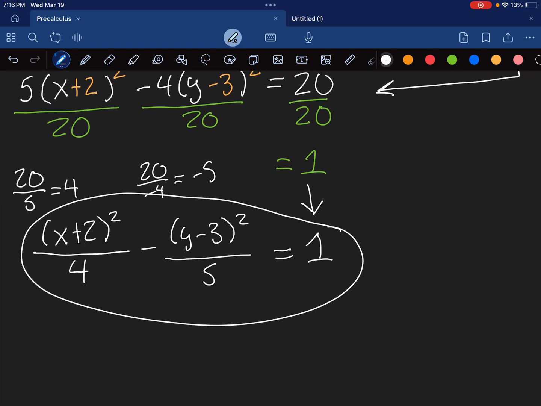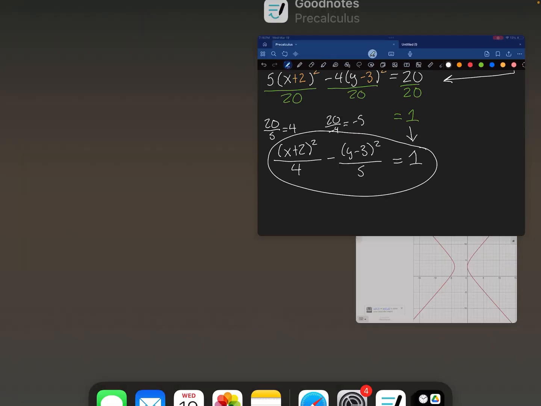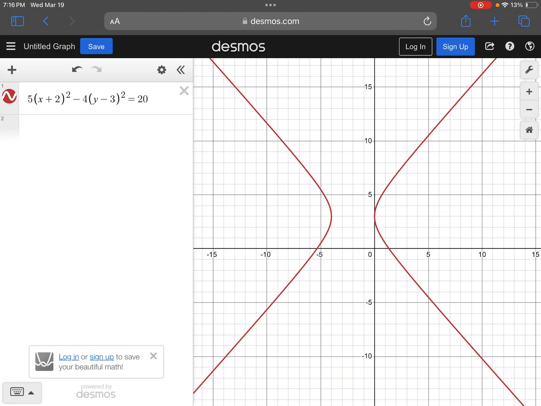Okay. So if we type this back into Desmos, let me create a new one.